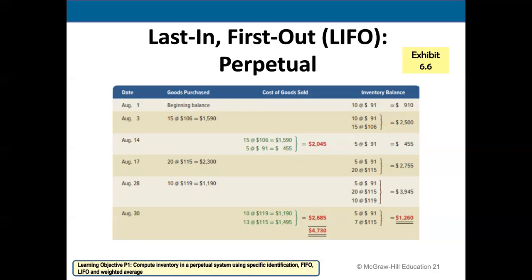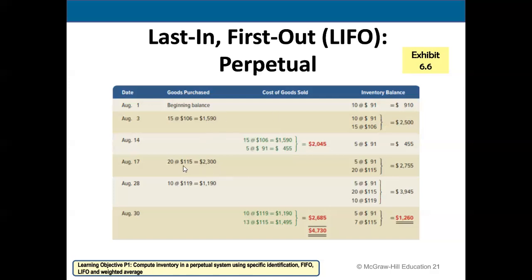And so even though this isn't a perfect assumption, again, sometimes people will buy the older ones or something like that. It just more closely matches their model of how they do business. And so for some businesses, it makes sense to assume the last in is the first out.